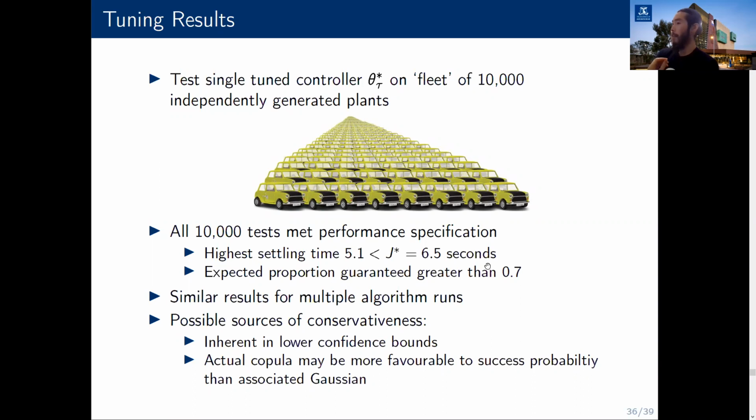In terms of where I think this conservativeness is coming from, some could be inherent from using lower confidence bounds, but I think in this example, the actual copula could be more favorable to the success probability than its associated Gaussian, as reflected by the new parameter.